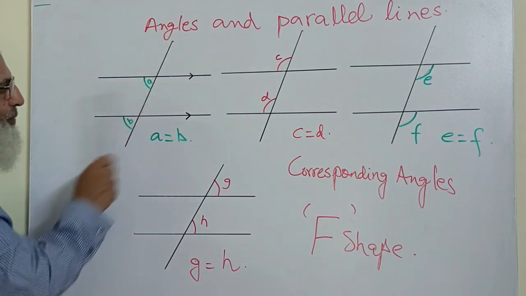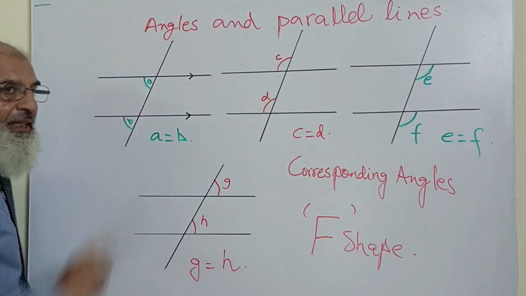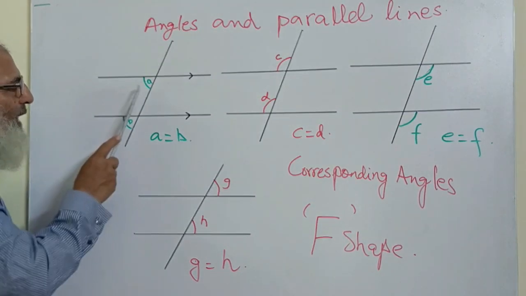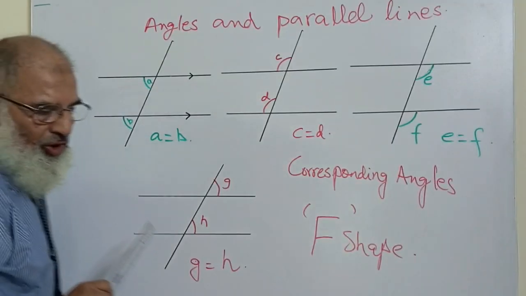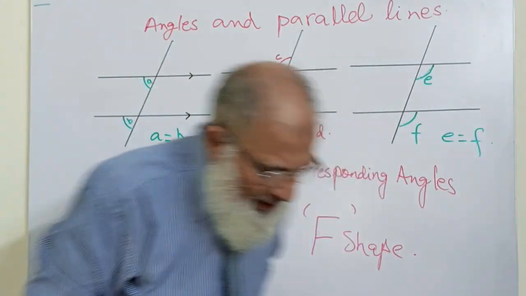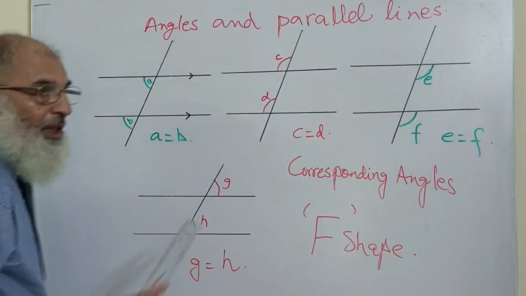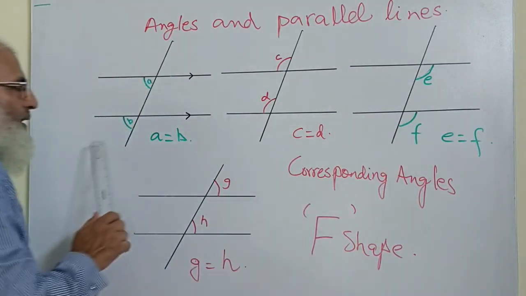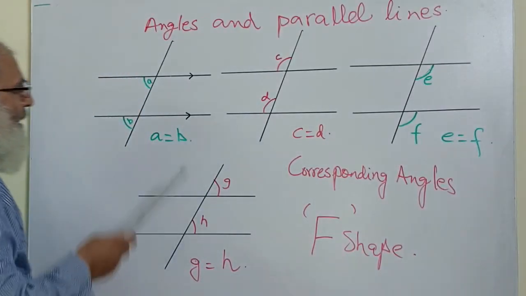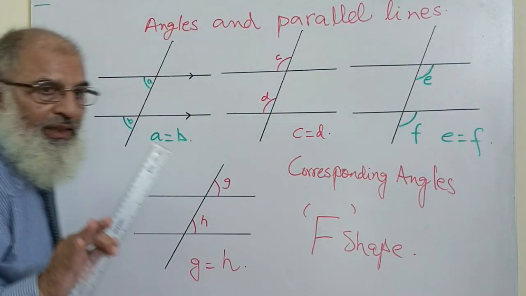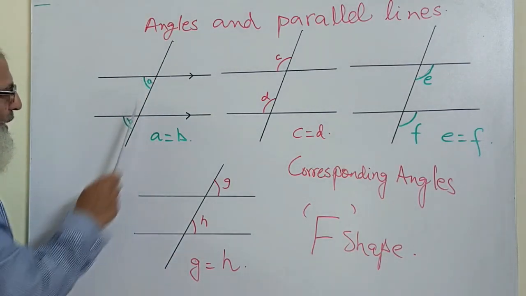This is F. Okay, now the angles formed, one interior angle and one exterior angle are always equal. These angles are called corresponding angles, F shape. In short, we can say them as corresponding angles. We don't have to see the shapes, but even then, to memorize, remember that these are F shaped corresponding angles.